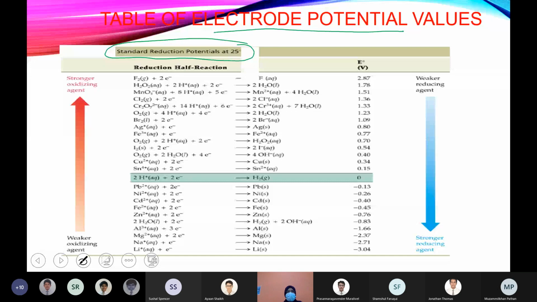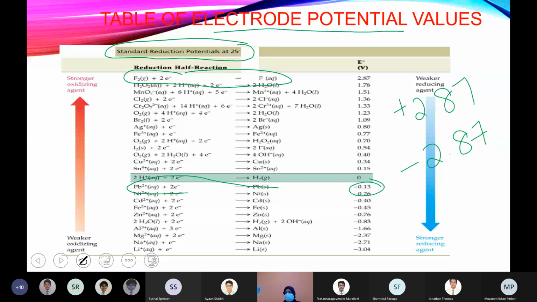For fluorine, F2, you can see the reduction potential is positive 2.87, which means its oxidation potential will be negative 2.87. Similarly, for lead, its reduction potential is negative 0.13, which means its oxidation potential will be positive 0.13.